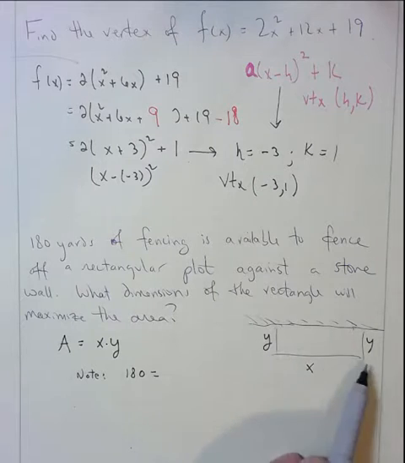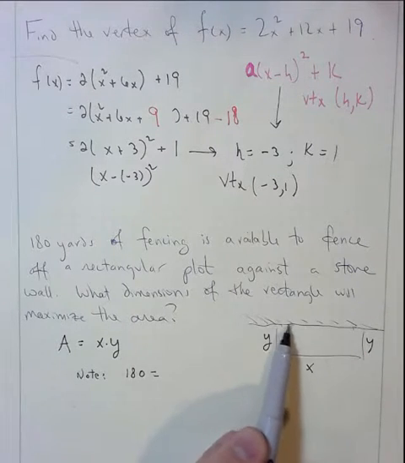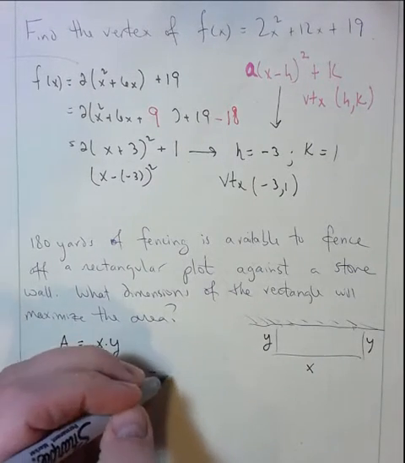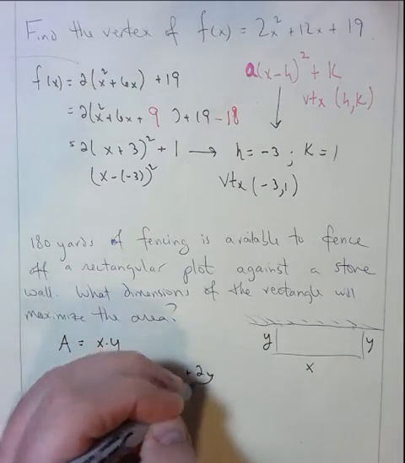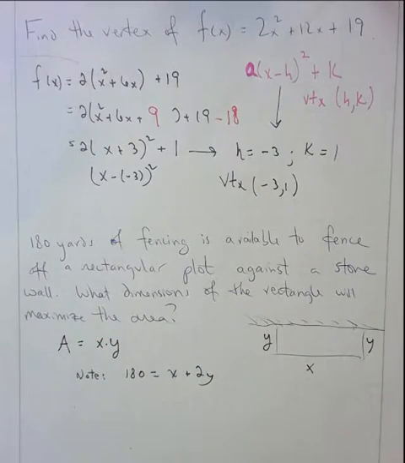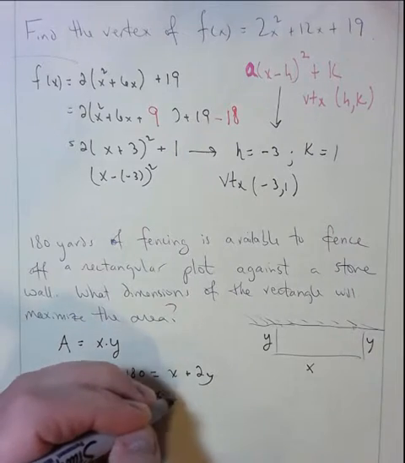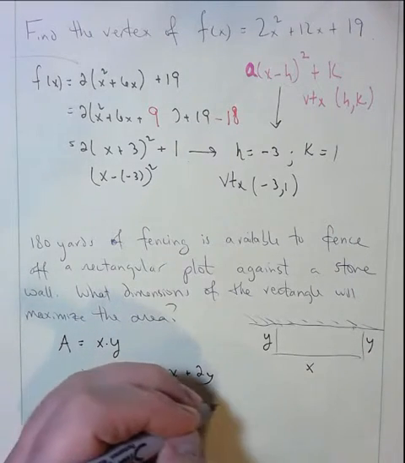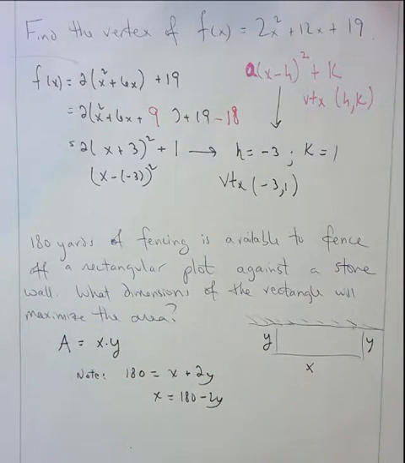And based on our lettering and the fact that there isn't any fence along the stone wall, that perimeter will be x plus 2y. And that means that x itself is 180 minus 2y.